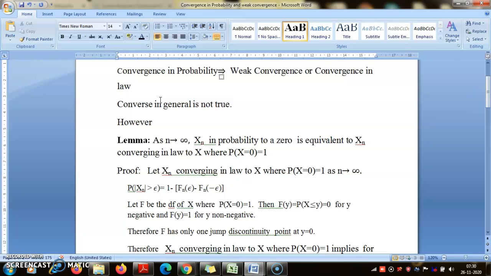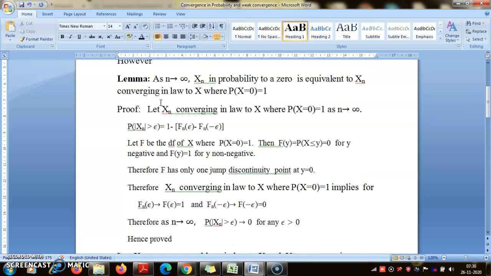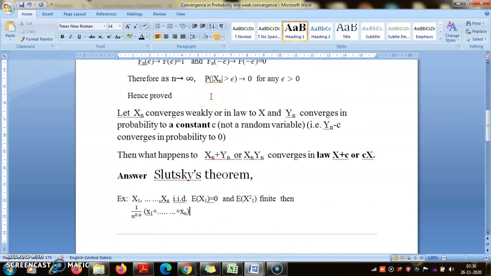But obviously mod Xn minus X will be twice mod X, so you will not get convergence in probability. But here we have proved that in this particular case, convergence in law to a distribution which is like a constant, so we can loosely say Xn converging in law to 0, will not be wrong to say, then you will have convergence in probability as well.